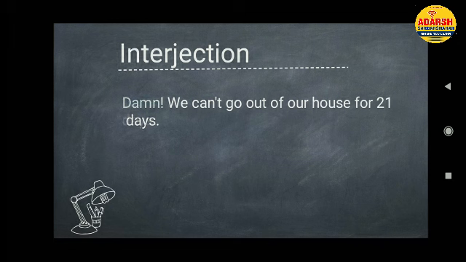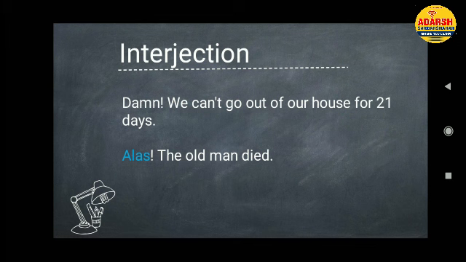In this example, our interjection is damn. In the next, alas, the man died. Here, alas, which is our interjection, is an expression of being sad. So it is an interjection.